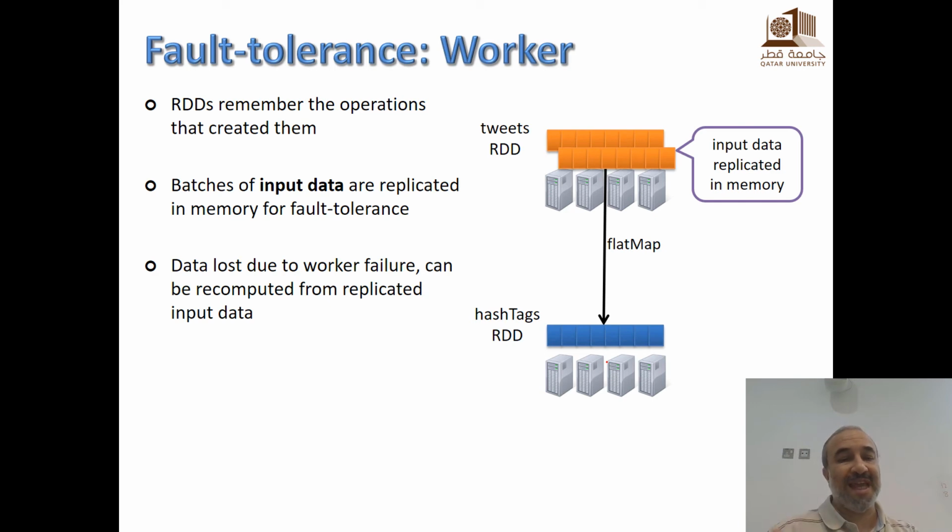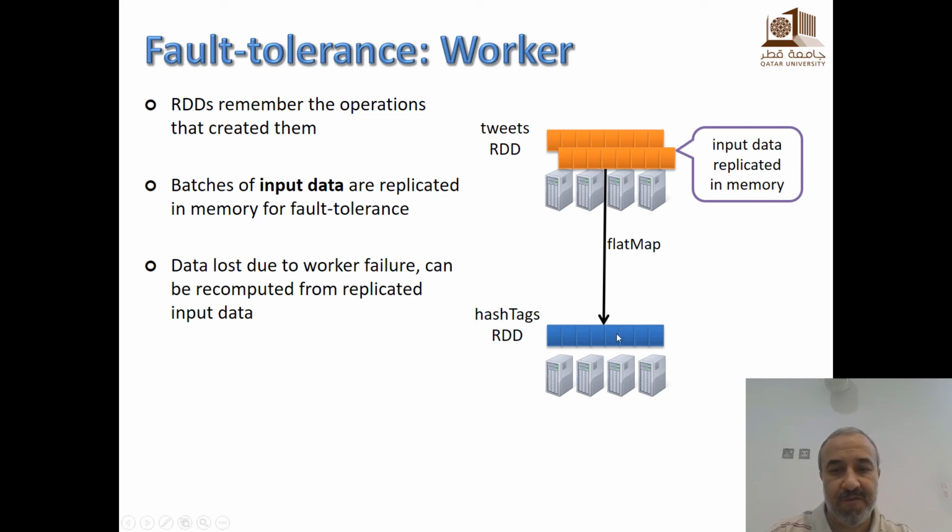Now, if there is any data that is lost due to worker failure, then we can get it from the replicated input data. Just to be clear, there are two things here. We are talking about replication of the input data, so if we lost any part of it, we can get it because it's replicated.